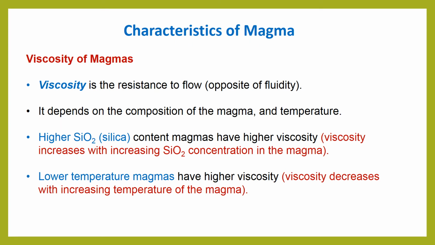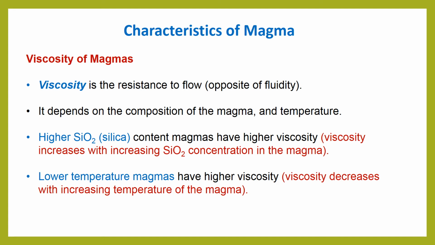Another characteristic of magma is viscosity. You know that we can define viscosity as the resistance to flow. If it flows easily, the viscosity is low, and vice versa. It depends on the composition of the magma and temperature.